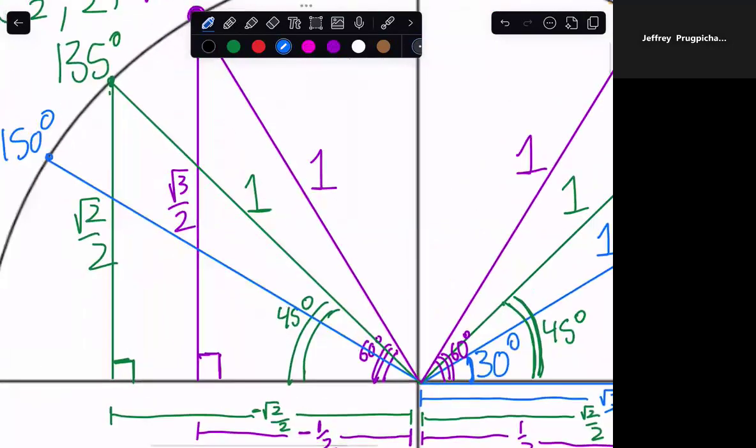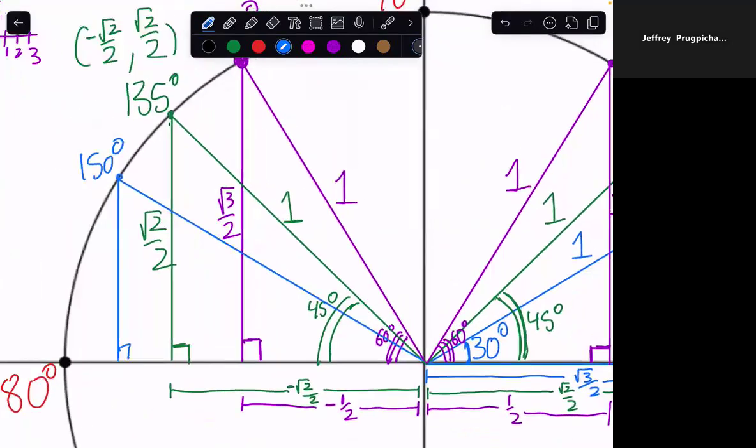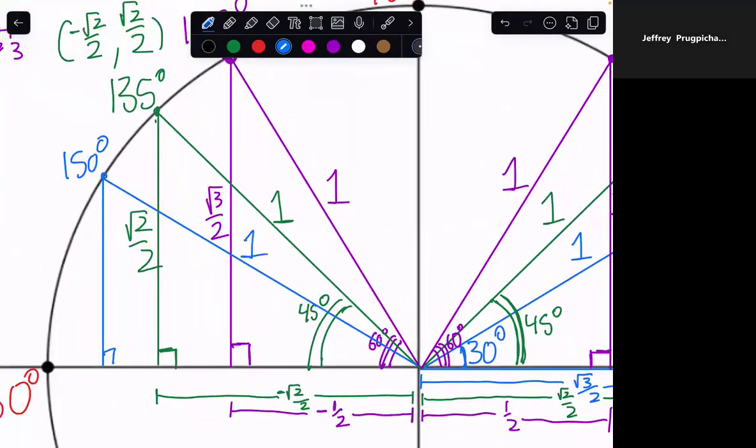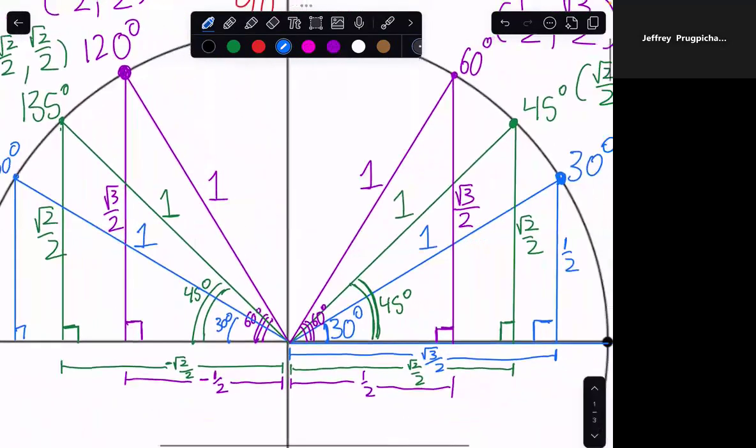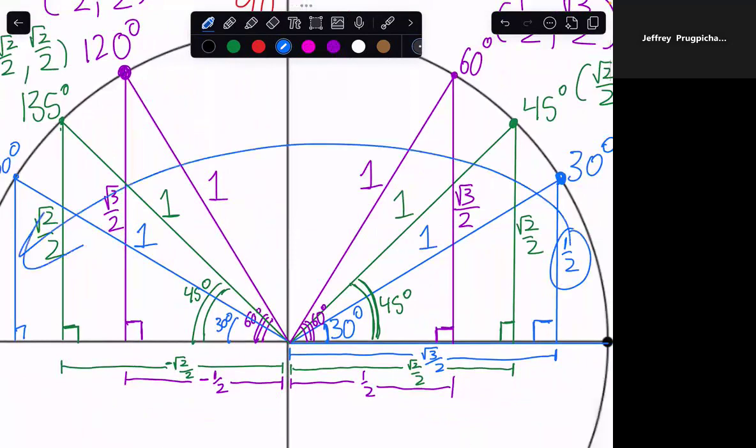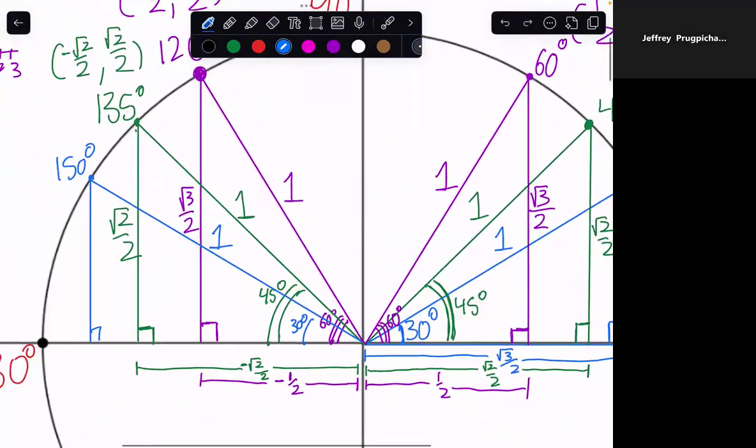And you can form a triangle again by bringing the altitude down. The hypotenuse is still 1. This is 30 degrees, so you can reflect the height directly over. But the width, when you reflect it, goes from positive to negative.